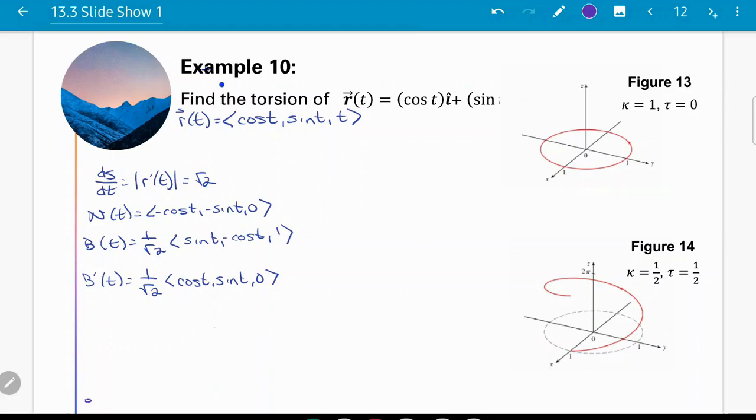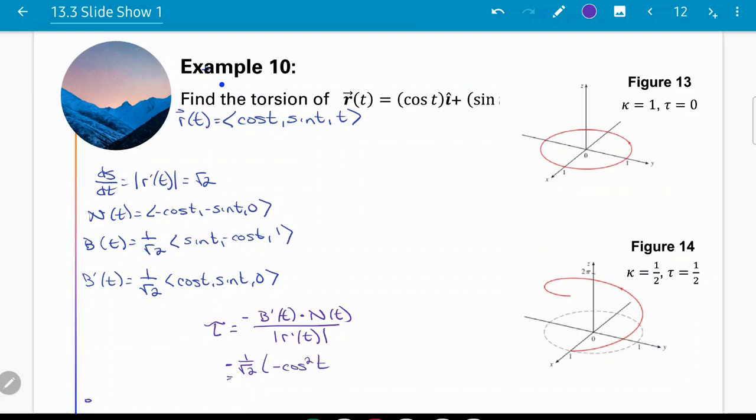Okay, so now we're going to calculate our torsion, which is negative B'(t) dot N(t) over the magnitude of r'(t). And so we have B'(t) is 1 over square root of 2, and then we are multiplying by the negative out here, so this is negative cosine squared t.